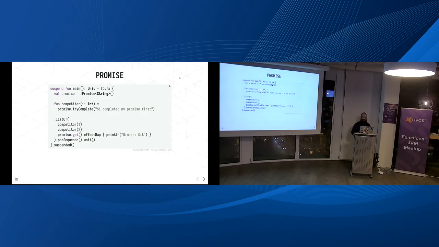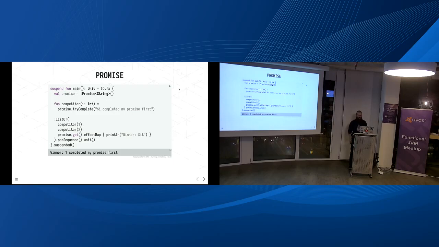In this case, I'm simply creating a promise for I/O, and I'm going to have two competitors, and they're going to try and complete the promise as fast as possible, and I'm going to run all of this in parallel. And I'm also in parallel going to run an operation that gets the value from the promise and then prints the winner.